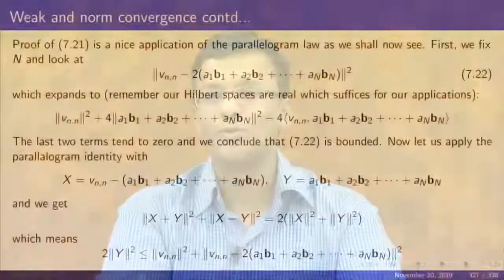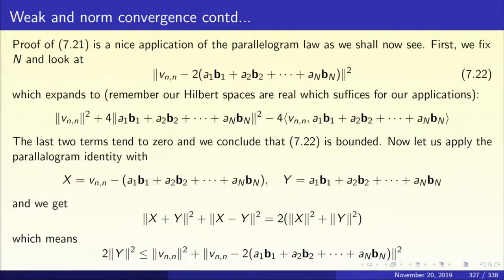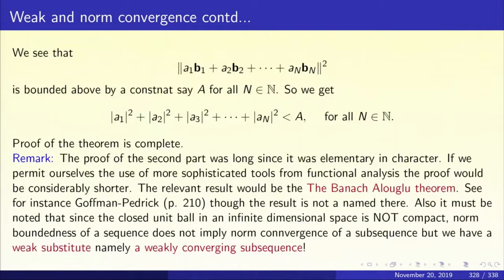But what is norm of X plus Y squared? Norm Vn squared. What is norm of X minus Y squared? That is 7.22. We have just seen that 7.22 remains bounded. And so norm Y squared remains bounded, which is exactly what we wanted to prove. So now let us look at what is norm Y squared. This expression, norm of a1 b1 plus a2 b2 plus etc. plus aN bN squared, remains bounded. Expand this out. The bn's are orthonormal.